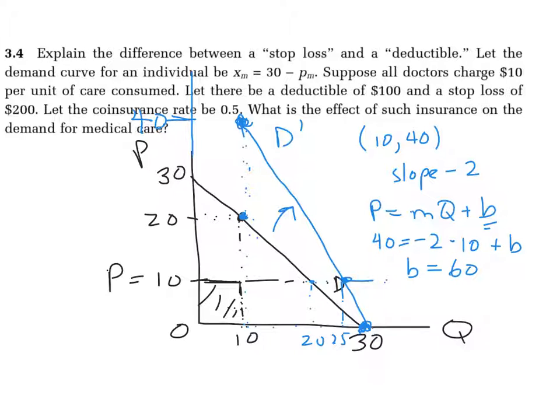So the expression for this new demand curve is P equals -2Q plus 60. Well, then when I go 10 equals -2Q plus 60, solve, and you get Q is equal to 25.